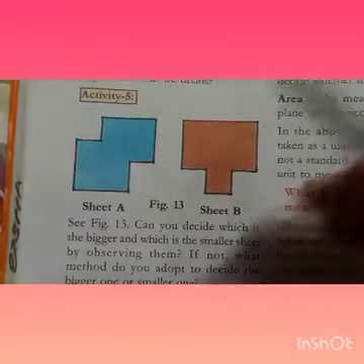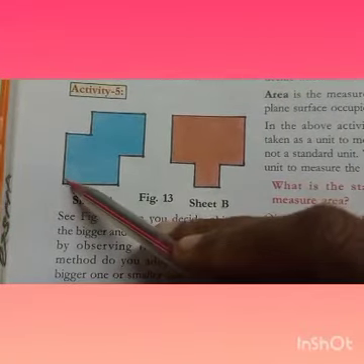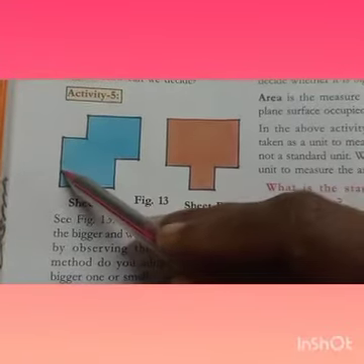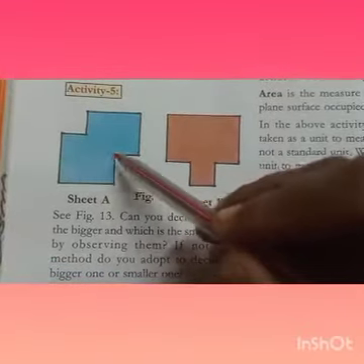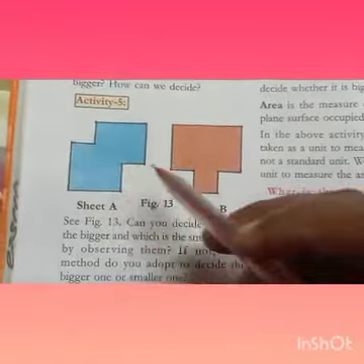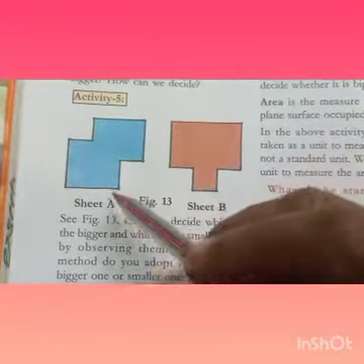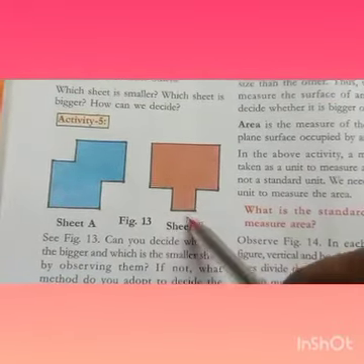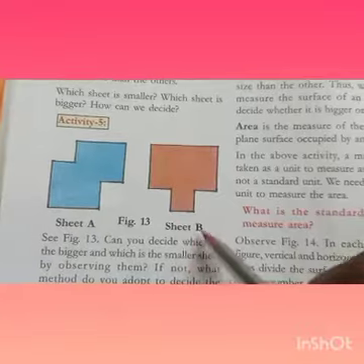After you cut the sheet, take some matchboxes and place them near the corner. 1 like this, 2, 3, one after the other, again 4, 5, 6, 7, 8, 9, 10, 11, 12, like that you go on keeping. After completing this, count how many matchboxes are fitted in this sheet. After that, do the same in sheet B also.